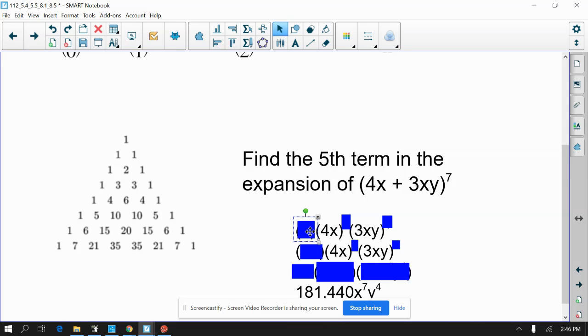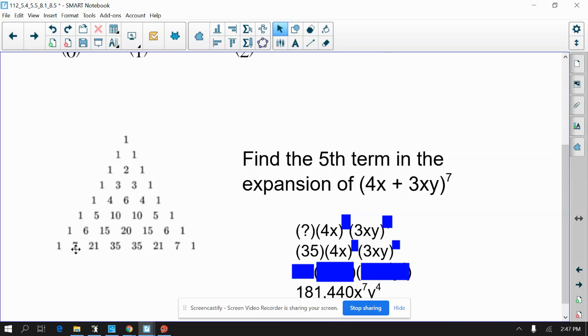So my binomial coefficient is 35. But then for every term, you're multiplying the a term and the b term. So 4x times 3xy. But to what power? Remember, 4x, the a term, starts off the largest. So this would be 4x to the 7th.